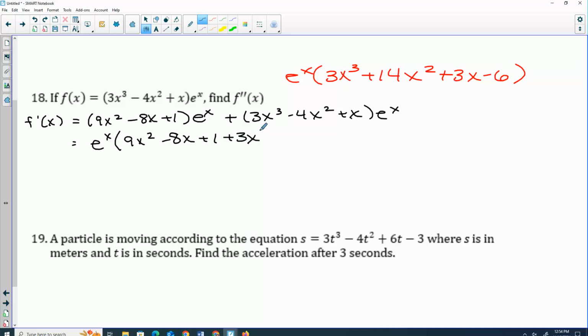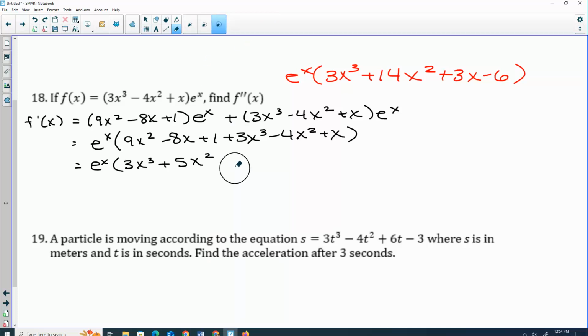So, if we simplify that, we have a 3x cubed, we have 5x squared, we have a minus 7x and a plus 1. So that's my first derivative.